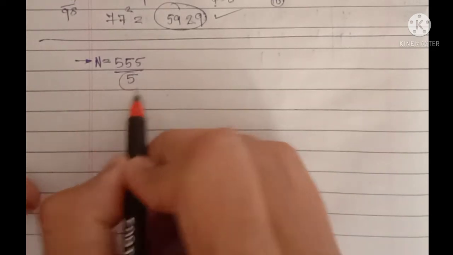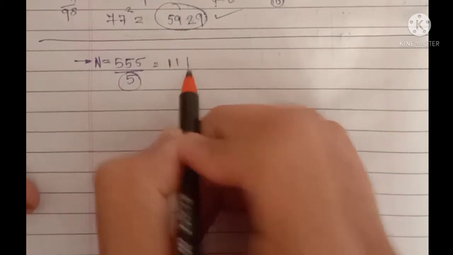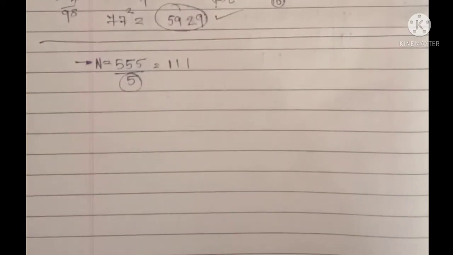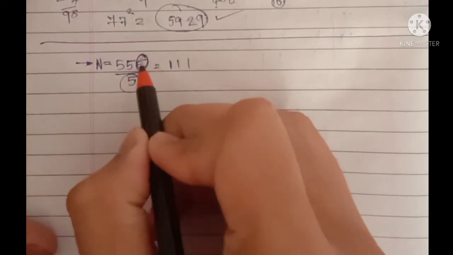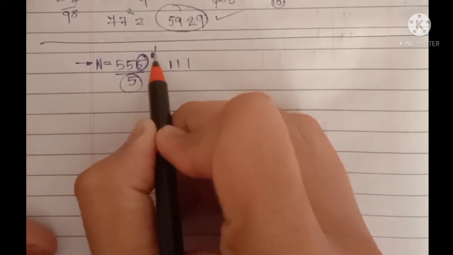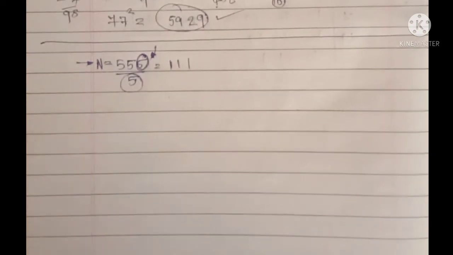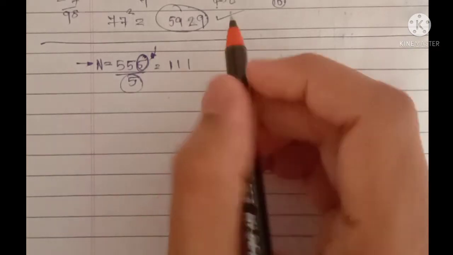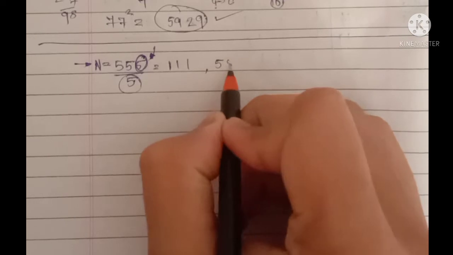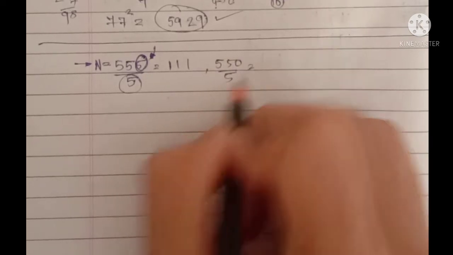See, you can do it by dividing, but by looking at it, this unit digit place has a 5. Any number which has a last digit 0 or 5 is always divisible by 5. Suppose I take 550 also, you can do it, right?